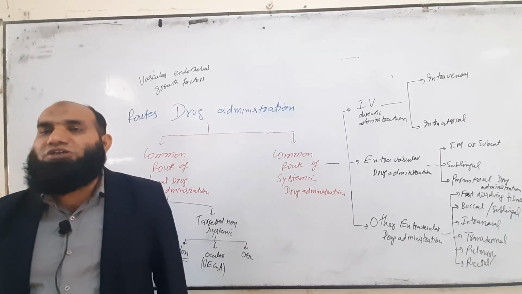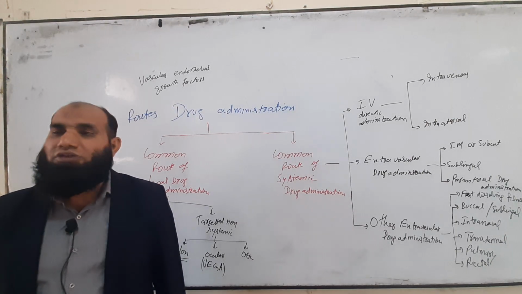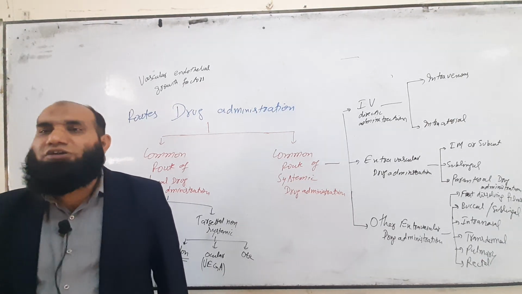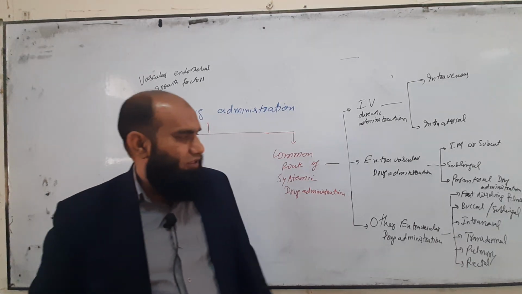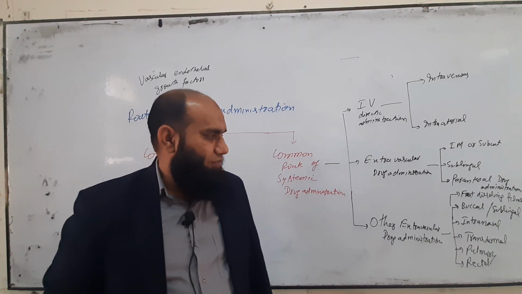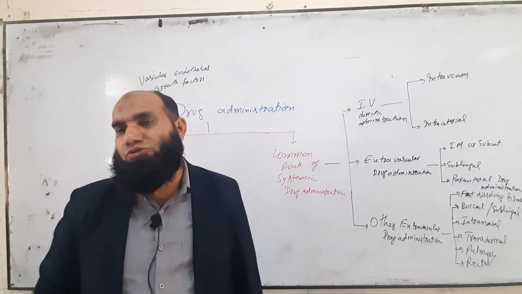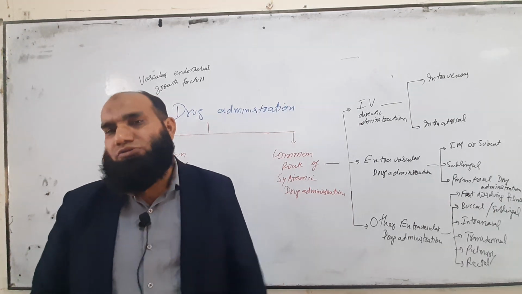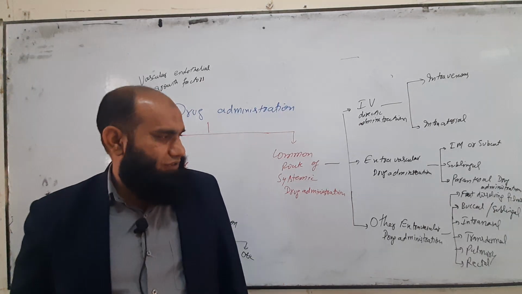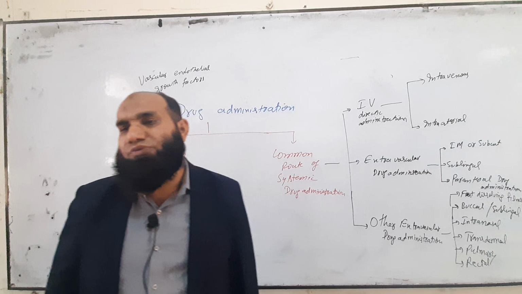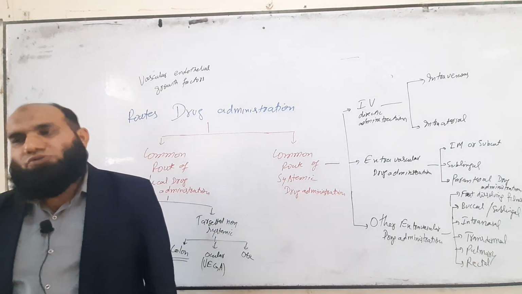We prefer the use of intranasal because through the nasal route we have a direct approach toward the brain. Then transdermal, and then pulmonary, especially for those drugs which we want to apply on our respiratory tract, then rectal in the form of suppositories. Okay, thank you very much.